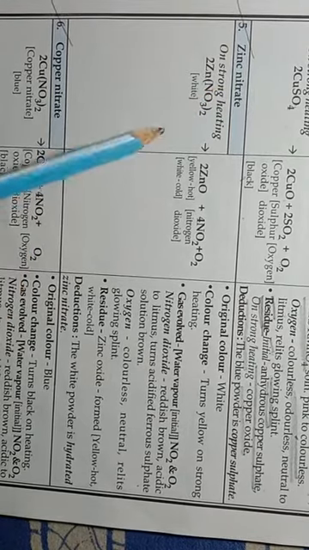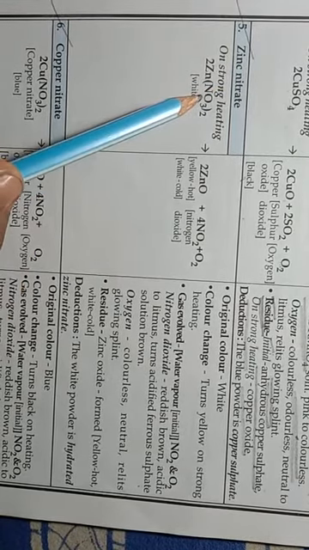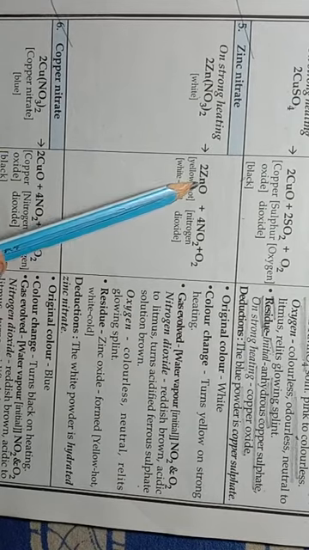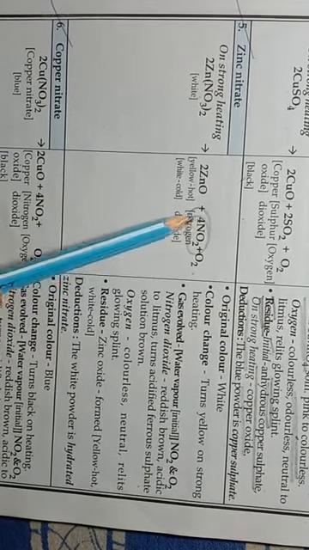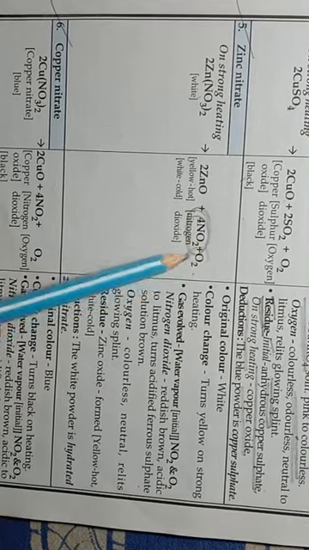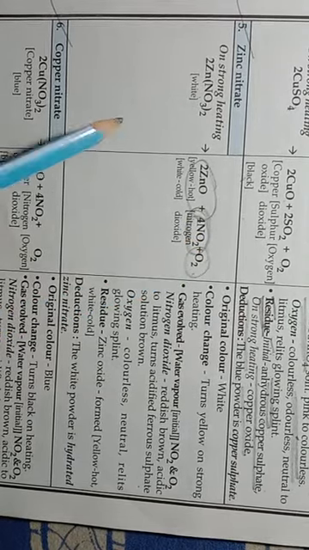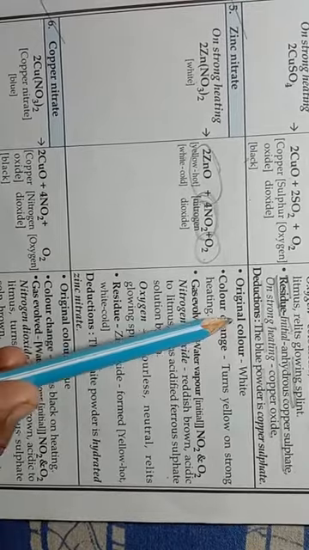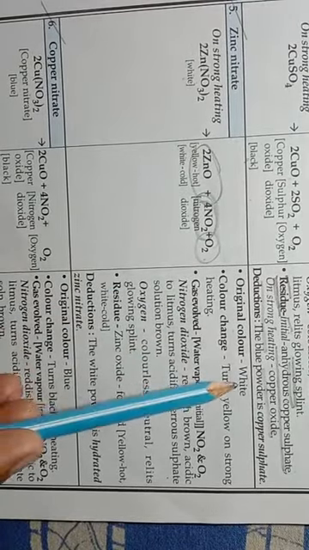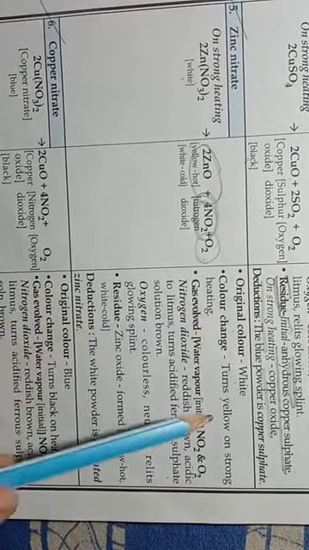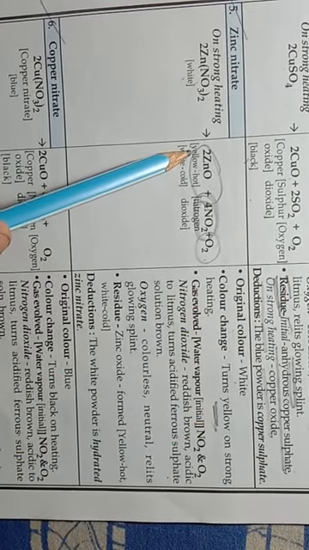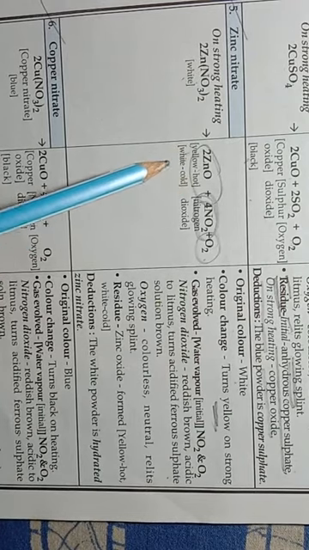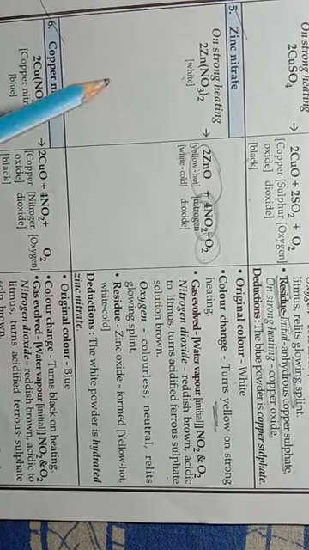The next is zinc nitrate. When zinc nitrate is heated, it turns into zinc oxide, NO2 and O2. So nitrogen dioxide is formed here with oxygen and zinc oxide. The original color is white, which changes from white to yellow in the hot condition and white in the cold condition.